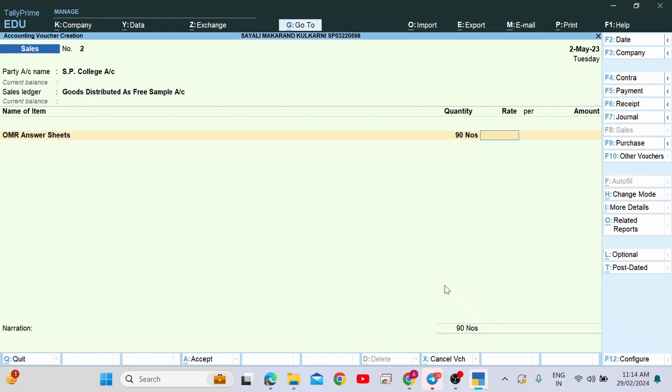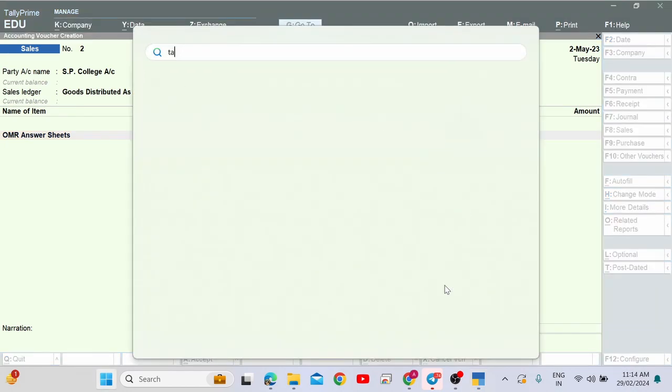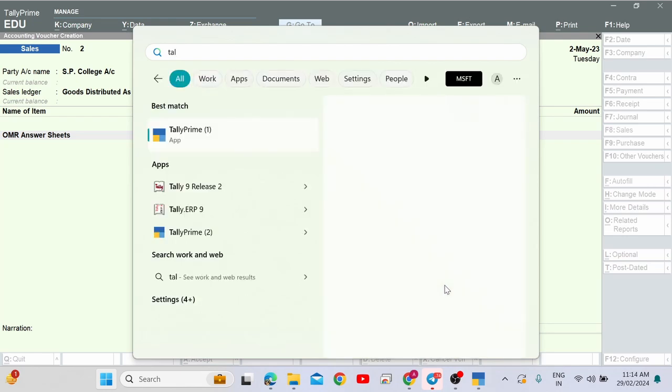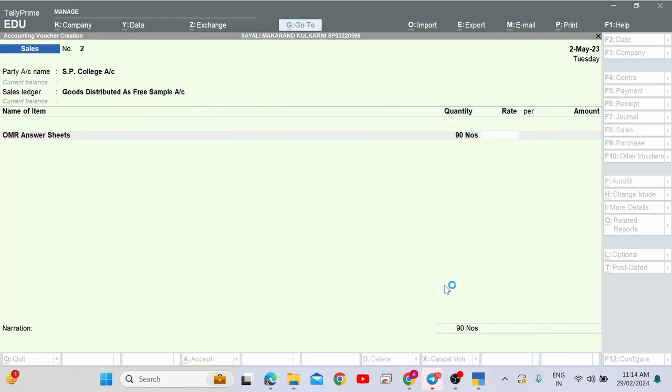Or if you don't want to skip these details, because if you skip them you will again have to type, what you can do is open one more tally. This is a multi-user company, so any number of times you can open tally. Correct. Same company in a second window.